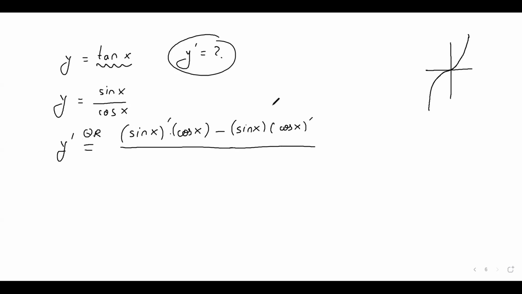They do apply. So that's going to be divided by cosine x squared. And this is going to be, folks, sine x primed is simply cosine x. And I'm going to have cosine x times another cosine x from here minus sine x times sine x.